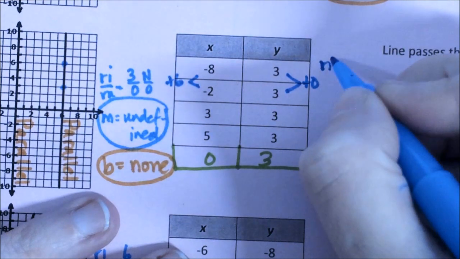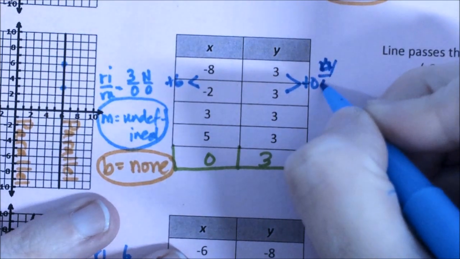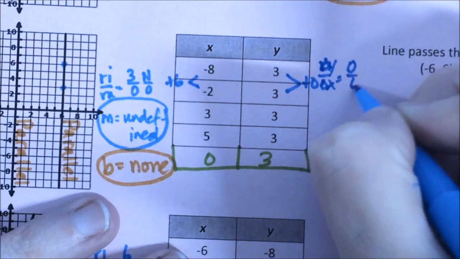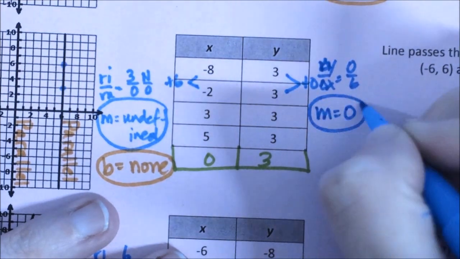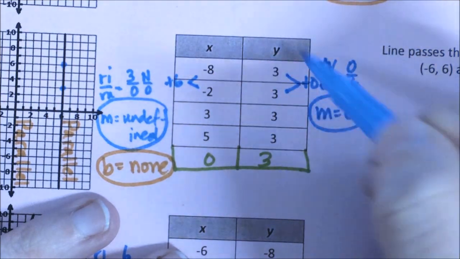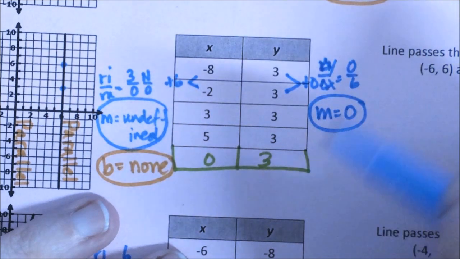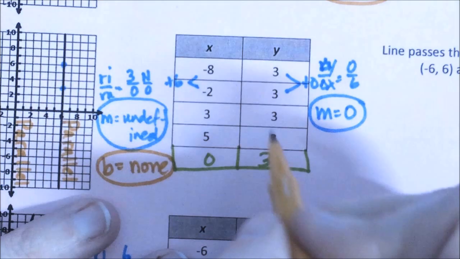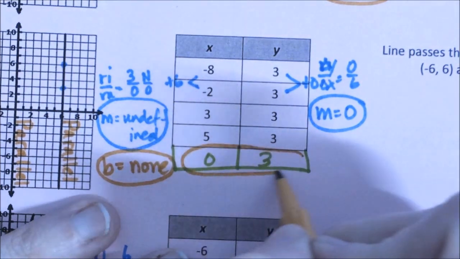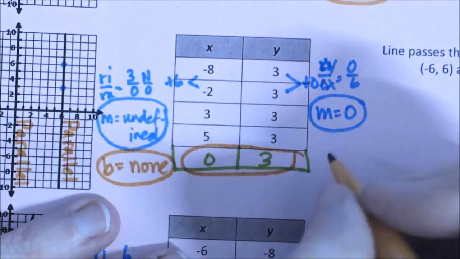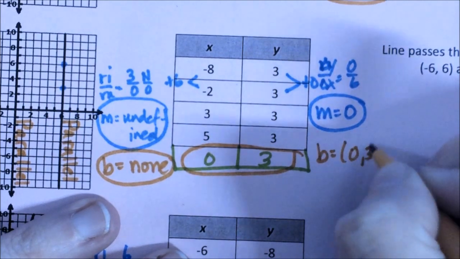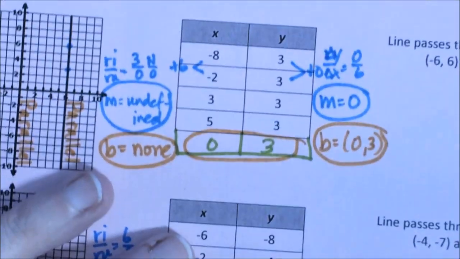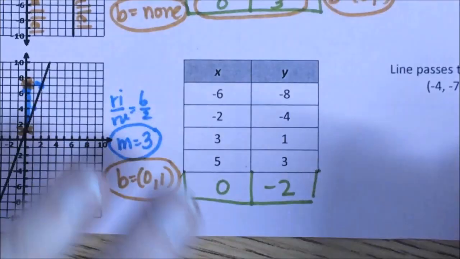That means my delta y over delta x is 0 over 6. 0 divided by 6 means my slope is 0. I also suspect that because all my y's are the same, I have 0 slope. If I want to find my y-intercept, again, I just look for that row where x is 0, and that means my y-intercept is 0, 3. Okay? It's so easy to find in a table.